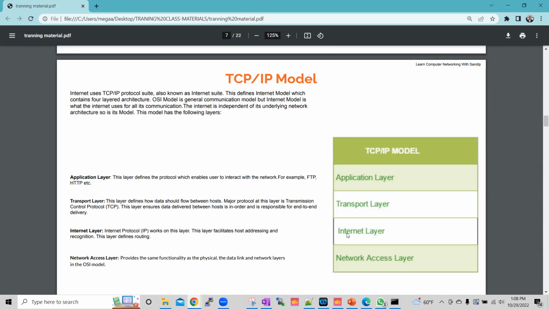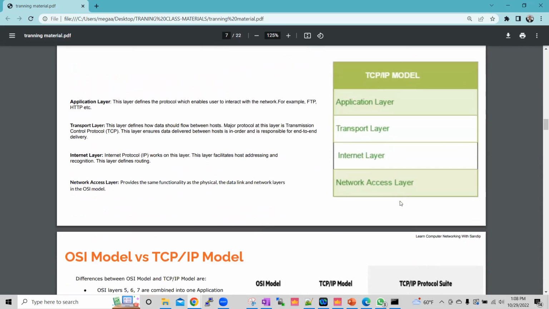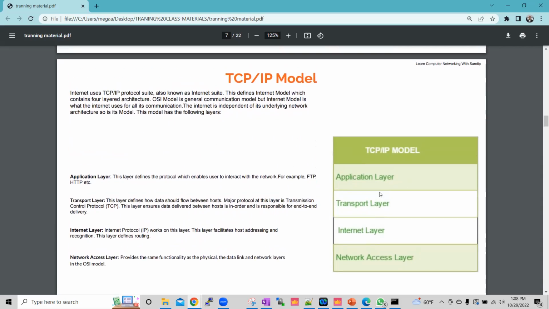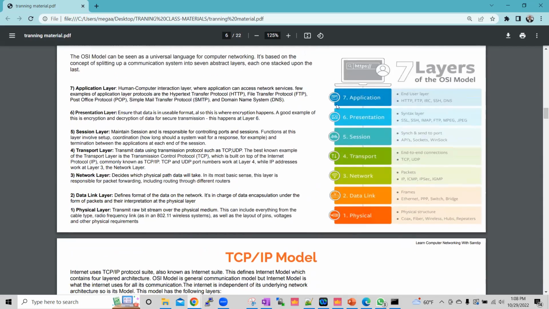This is where it sends the packets. The transport layer, layer 4, is made up of the TCP and UDP protocols. Knowing it is not bad, but this is the one they always use for interviews.